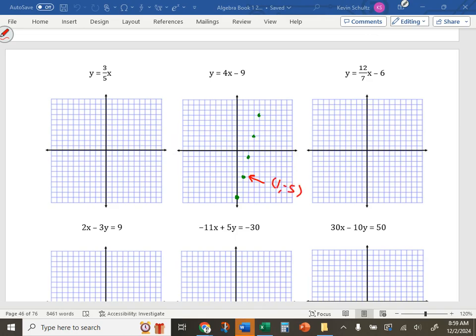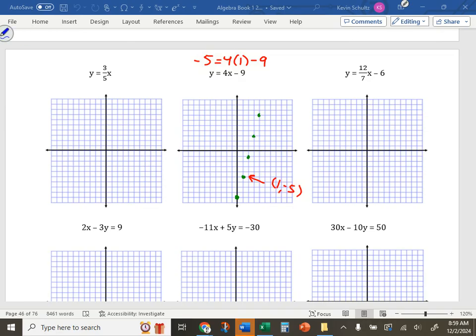Now, what Lucas was questioning before, he's saying if I plug in that y value for y, I multiply my slope by the x value and subtract 9, the equation's going to work. And those of you that can do the quick math here, you'll see it does, right? We plug in 1, -5 for x and y here. 4 times 1 is 4, minus 9 does give us -5.